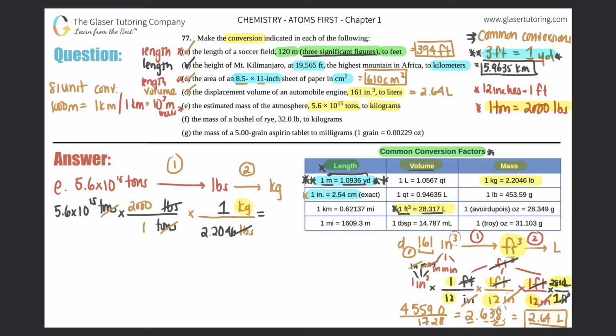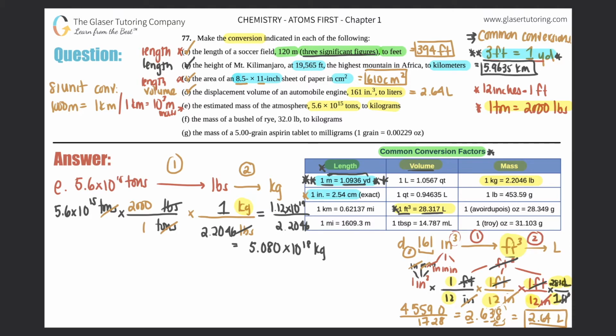So technically, 5.6 times 10 to the 15th times 2,000 is 1.12 times 10 to the 19th, all divided by 2.2046. So this answer divided by 2.2046, I get 5.080 times 10 to the 18th kilograms.